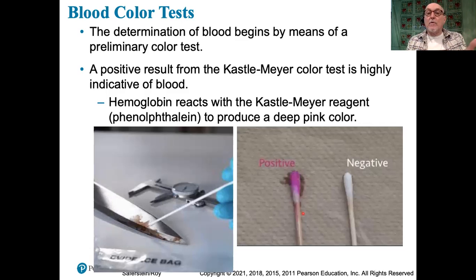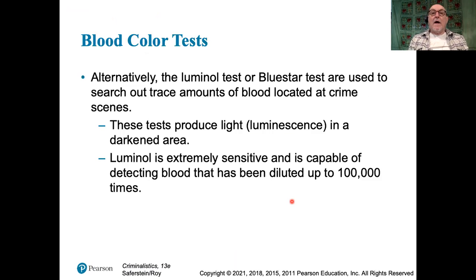Nonetheless, menstrual blood will also give you a positive in this case. The investigator just needs to be aware that menstrual blood could be present under certain circumstances. So that's one way, the Kastle-Meyer, very old test.